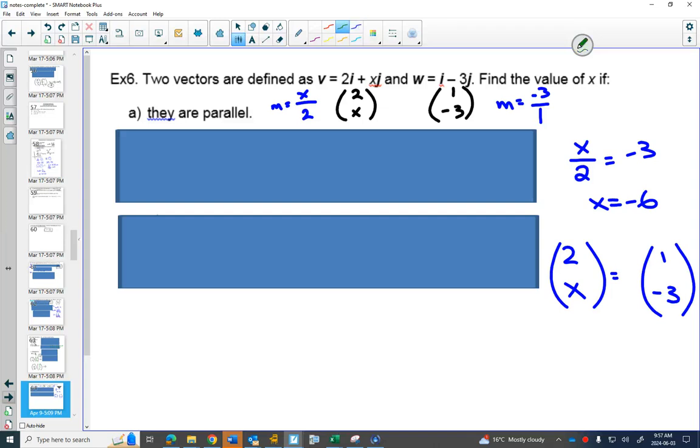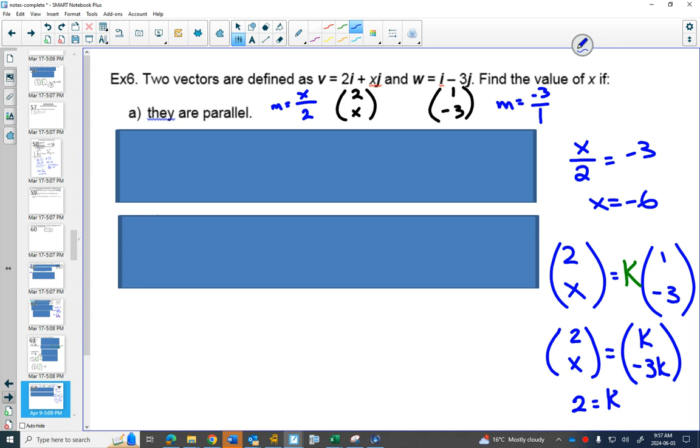So we can put a variable k out in front. And if these are equal, then each of the components have to be equal. You could multiply that k through. And from here, it's really easy to see that k has to be 2.